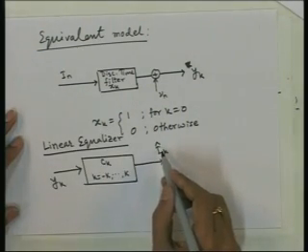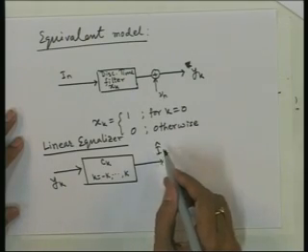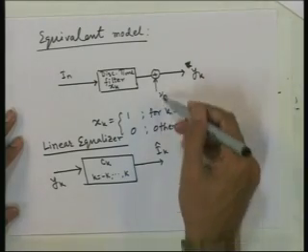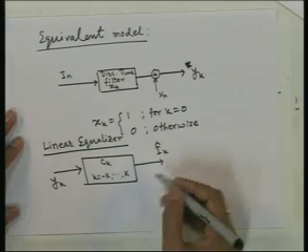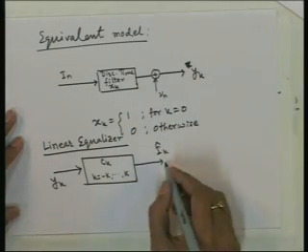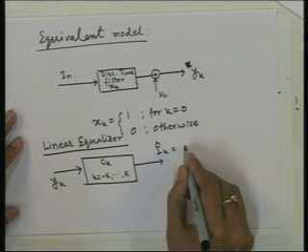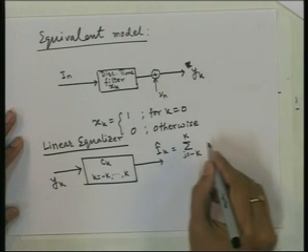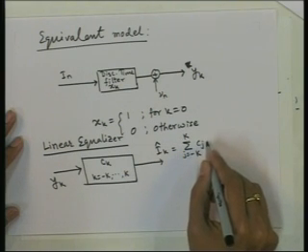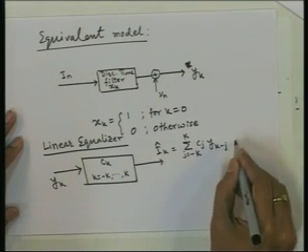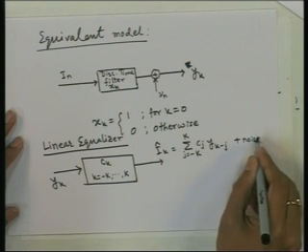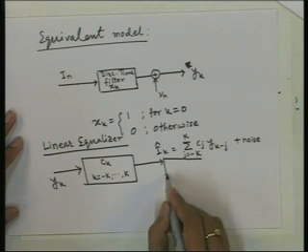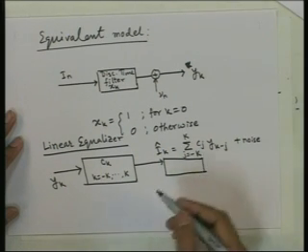What may happen is that there may be still some ISI remaining, or there will be certainly the noise added to this, some function of the noise which is the noise itself, so some different noise, and this I k hat is nothing but summation j equal to minus k to k C j y k minus j plus noise. And what is done after this is passed through the quantizer, basically the detector for the constellation.